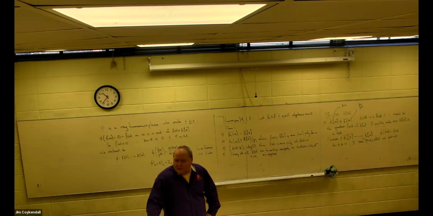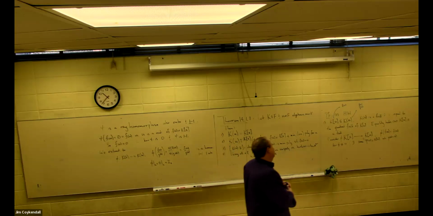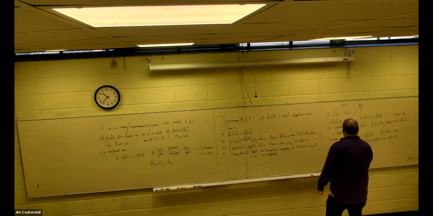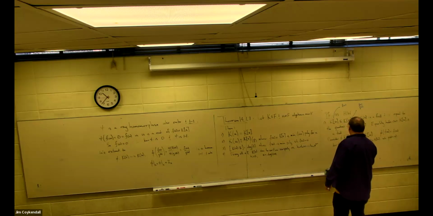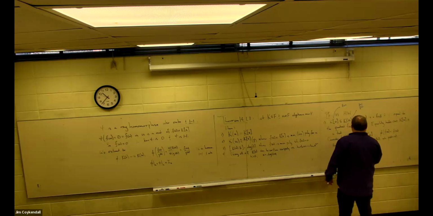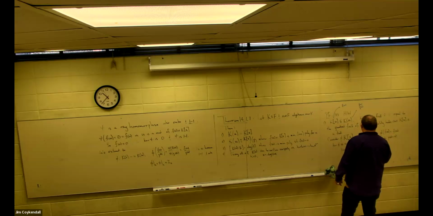What is the structure of the ring K[x]? Yeah, it is a PID. So the kernel of phi is the set of t of x such that t(u) equals zero.